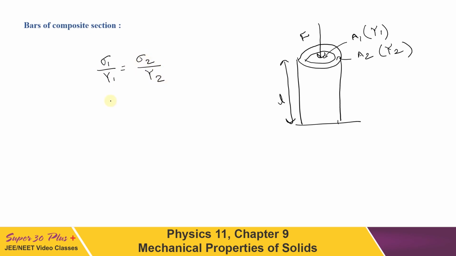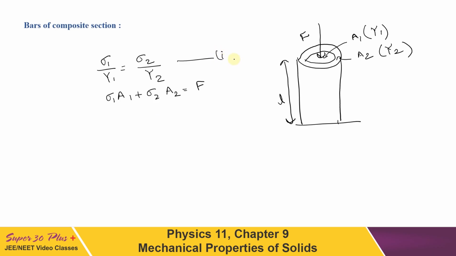Also we can write sigma 1 A1 plus sigma 2 A2, that has to be equal to the net force applied on the composite bar, because these will be the stress multiplied with area of inner bar, sigma 2 A2 being the force applied on outer bar. So on adding these two, we will get the net force F.